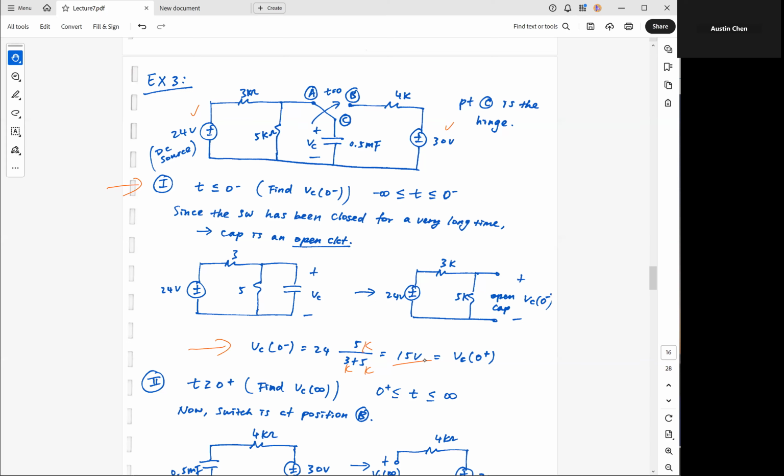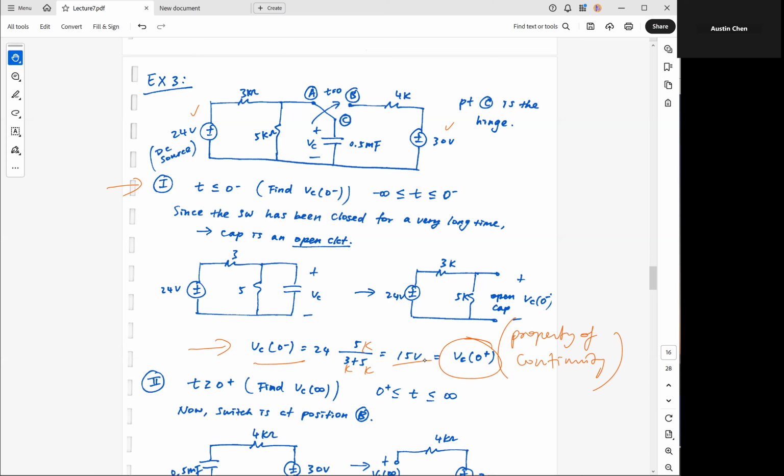So I know that, from the property of continuity, I can say that VC at 0 plus is simply equal to VC at 0 minus. So one is the cause and the other one is the effect. So this is again the property of continuity, just to remind ourselves where this equation comes from.